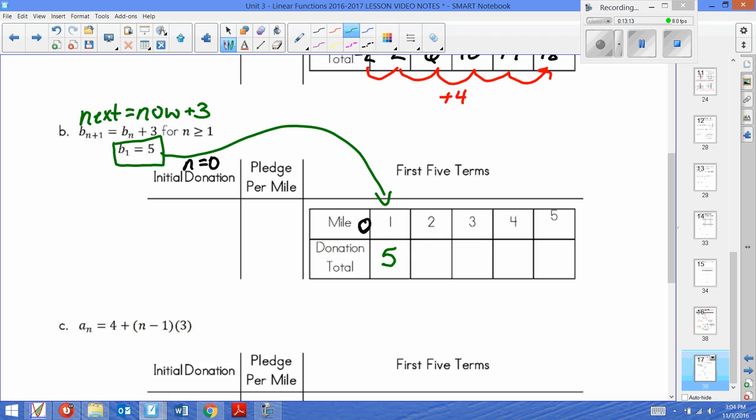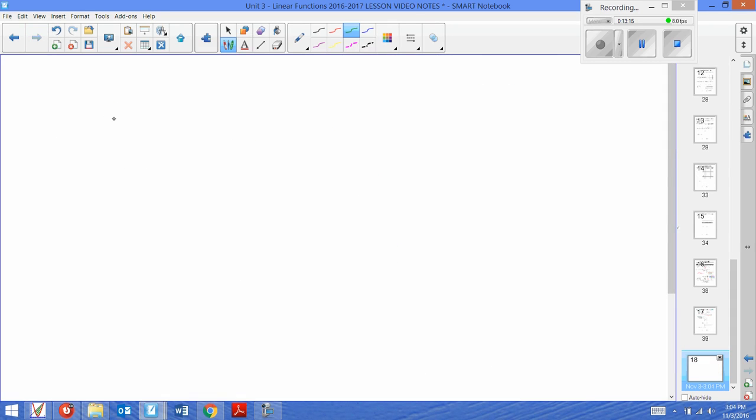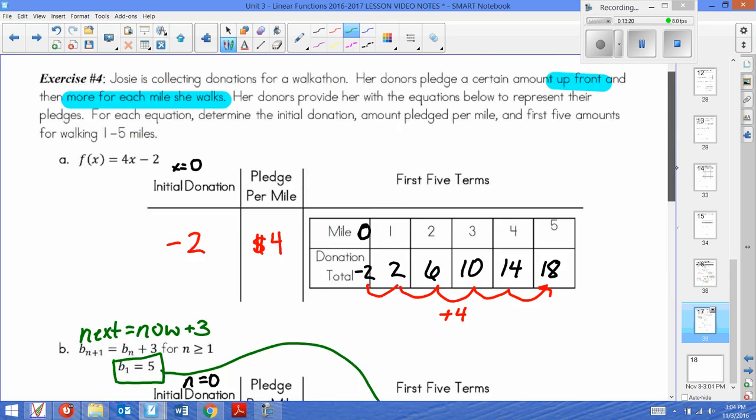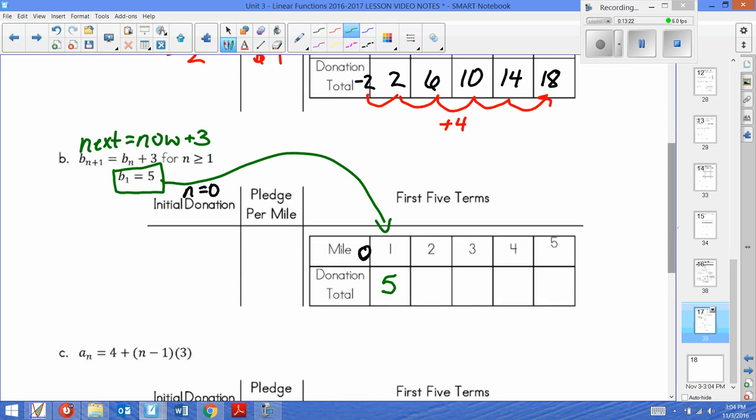Let's put that in the table and generate the rest. To get to my next value, I look at the now and add 3. So 5 plus 3 would give me 8. Add 3 again, I get 11. Add 3 again, I get 14. And again, I get 17.